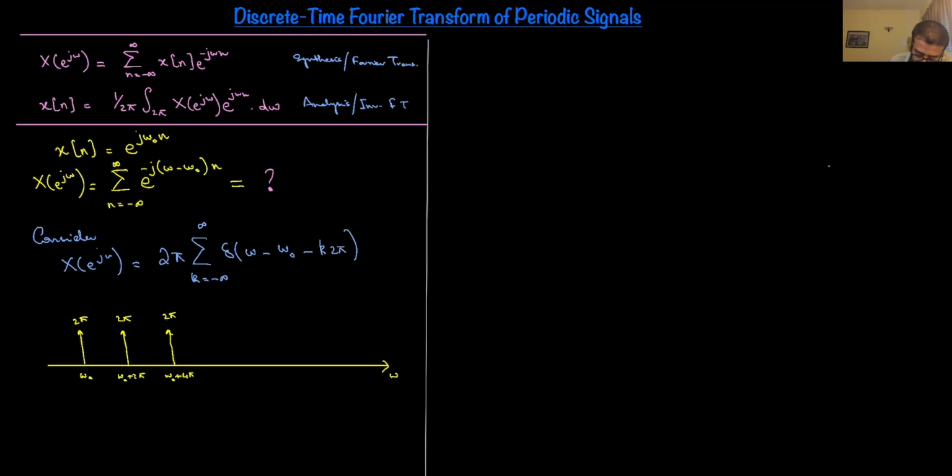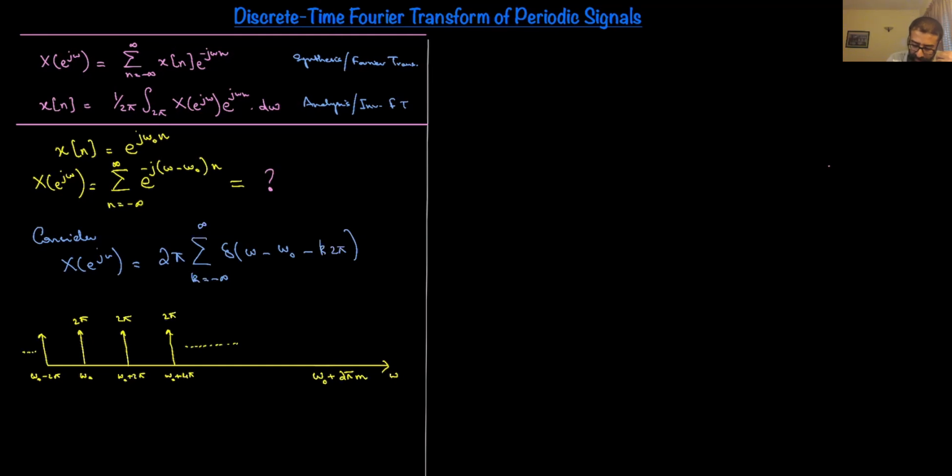Similarly, on the negative side, there's an impulse at omega naught minus 2 pi, and so on. In general, there's an impulse at omega naught plus some integer multiple of 2 pi. This would just be a generalization of that. So this is the Fourier transform, which is our test signal.